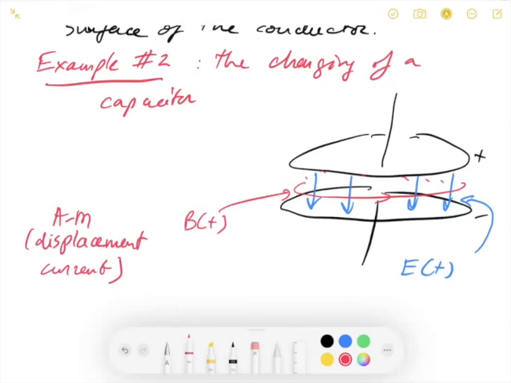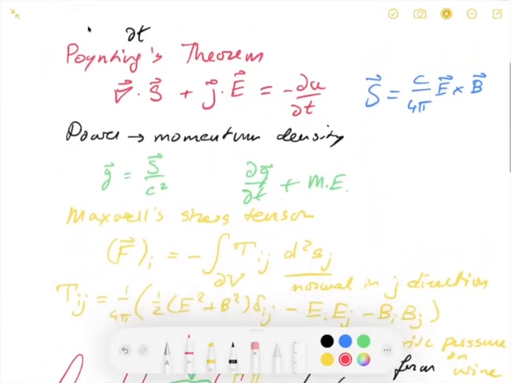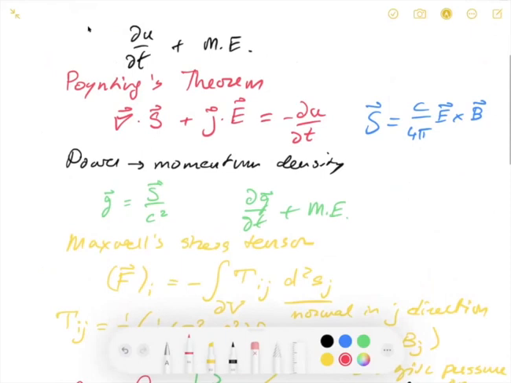All right, now we can ask ourselves, what does Sir Poynting have to say about this? Well, Poynting's theorem says you have this balance of ohmic losses and this inflow of electromagnetic energy through the Poynting vector, and you have a change in the energy density of the system.